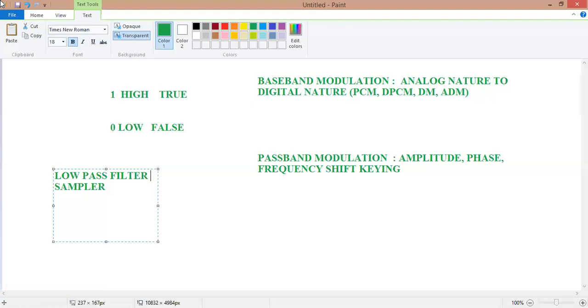So if the number of samples is increased, obviously you will get the accurate output. So what happened? I need more samples, but my time is bounded. If the time is bounded and I need more samples, what do I need? The sample rate. Sample rate is most important.